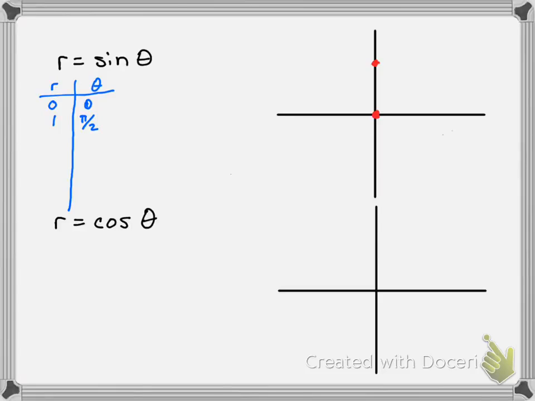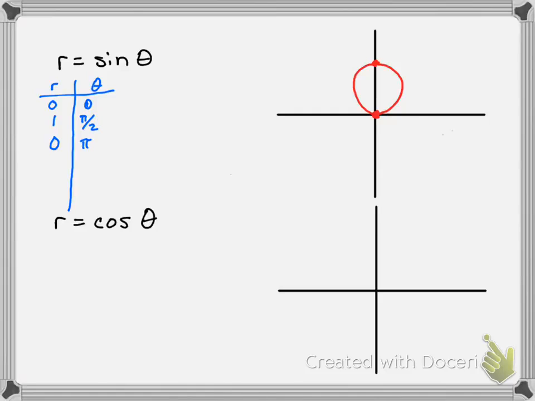Now we're going to go to pi, that's the next increment of pi over 2. Substituting in, sine of pi is 0. So if you rotate around here to pi and the radius is 0, that puts us back here at the origin. So our graph is going to curve around to the first point and then curve around to the second point.